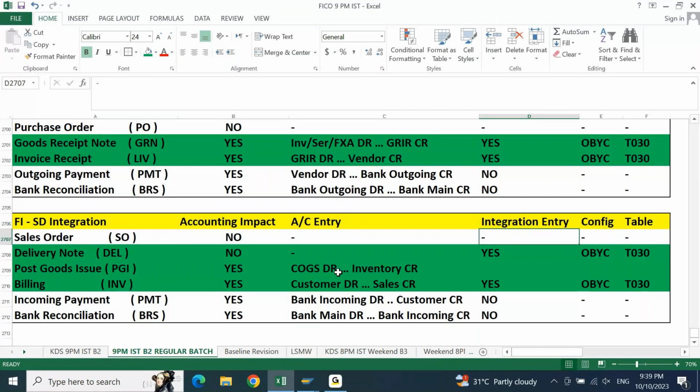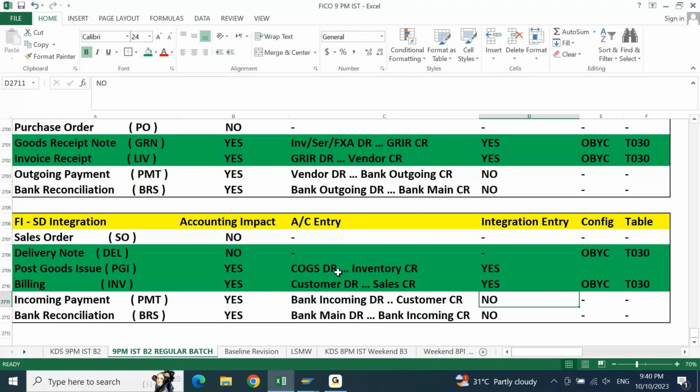Now, after the accounting entry, we were talking about the integration entry. For sales order, there is no accounting entry, no point of integration, so we are leaving it blank. During delivery, there is no accounting entry, so there will be no integration here. Post goods issue has an accounting entry, yes, this is an integration entry.